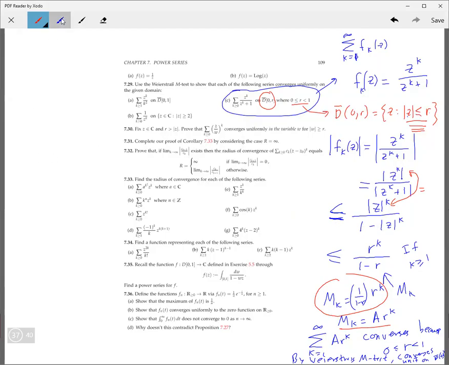Okay, so the modulus of z to the k plus 1 is going to be greater than or equal to 1 minus the modulus of z to the k. That's a version of the triangle inequality.